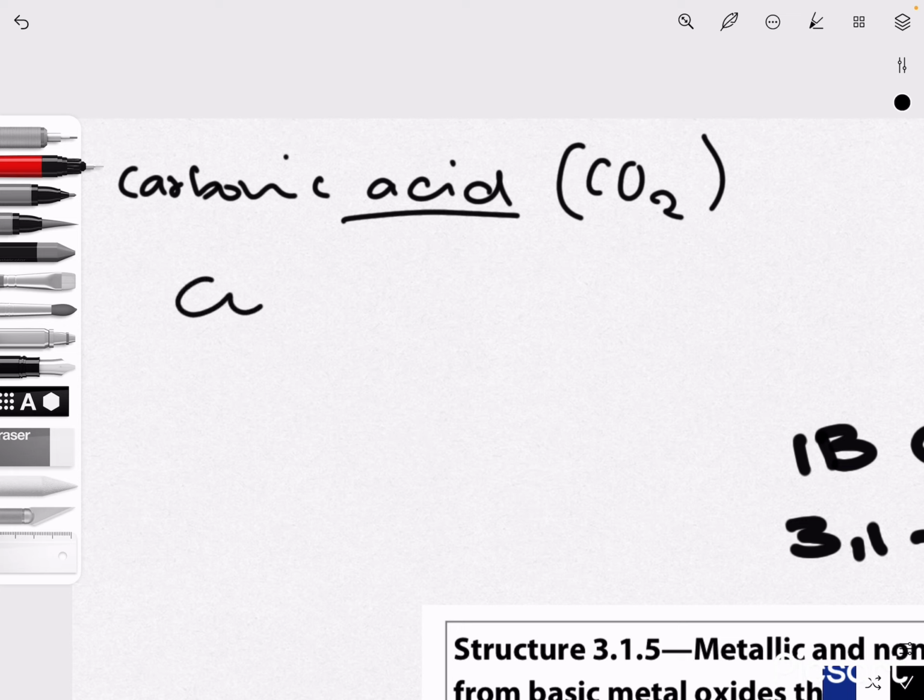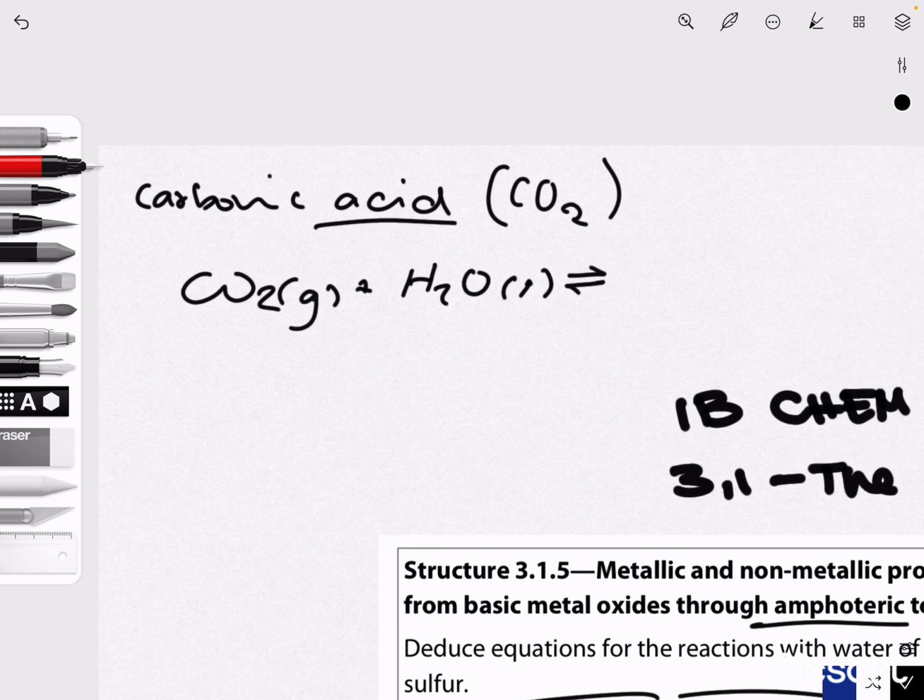So when this reacts with water, it's a reversible reaction, we get H2CO3.